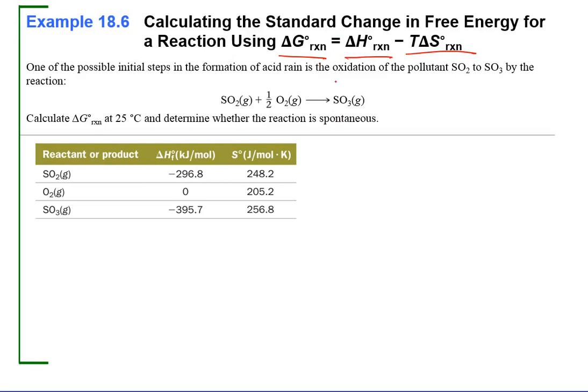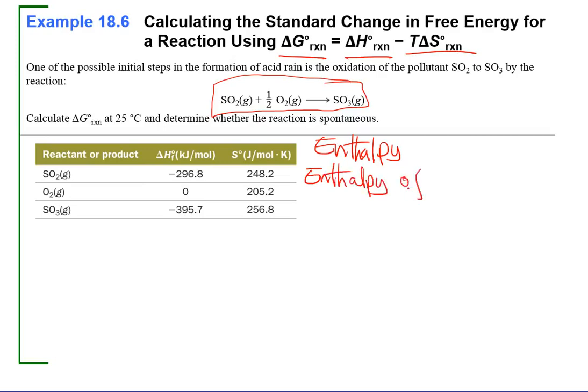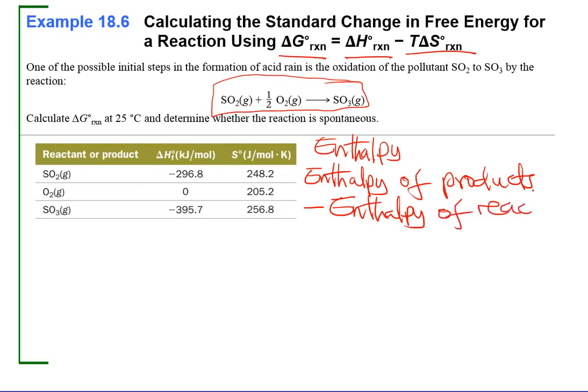So this is our reaction. So first, how do you get the enthalpy? You get the enthalpy by saying enthalpy of products minus enthalpy of reactants.